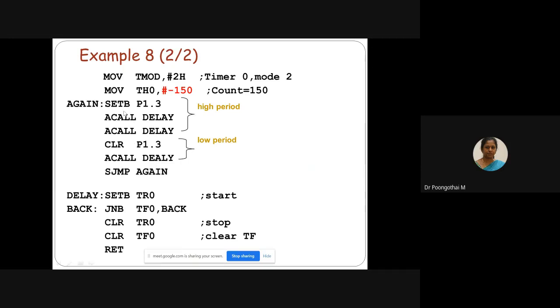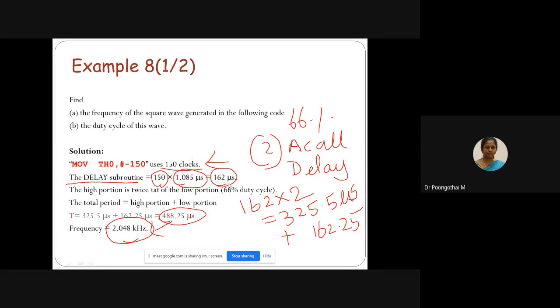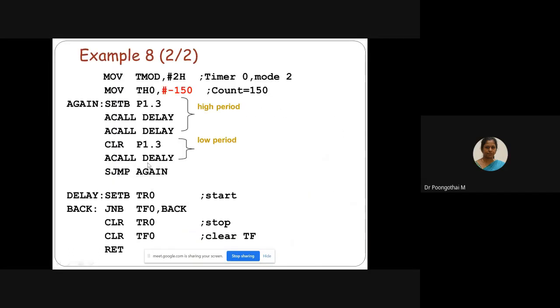So 2 times the delay loop will be executed for high period, and for low period only 1 time will be executed. So after calculating this value, multiply that value by 2 and add it to your off time period. You will be getting this value, convert that time period into frequency. So a 2.048 kilohertz square wave will be generated on P1.3 after execution of your program.